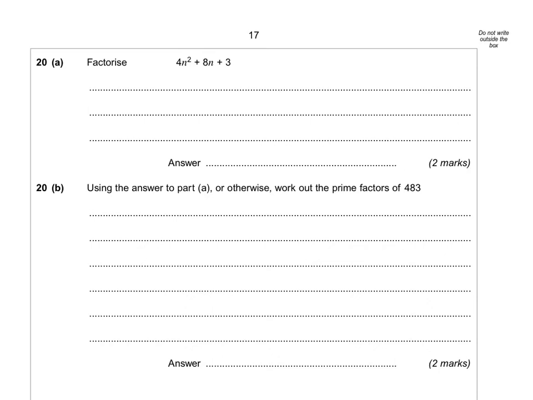The product is 4 times 3. Alright, so 4 times 3 is 12, so product is 12, and the sum is this number here, 8. So if we do that, the sum is 8, and the two numbers are 6 and 2, and you can follow your method on.